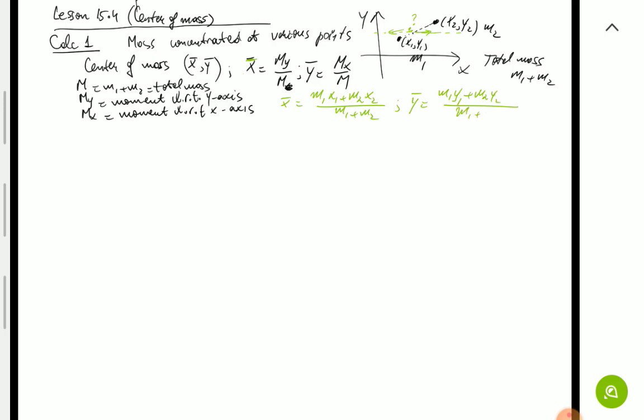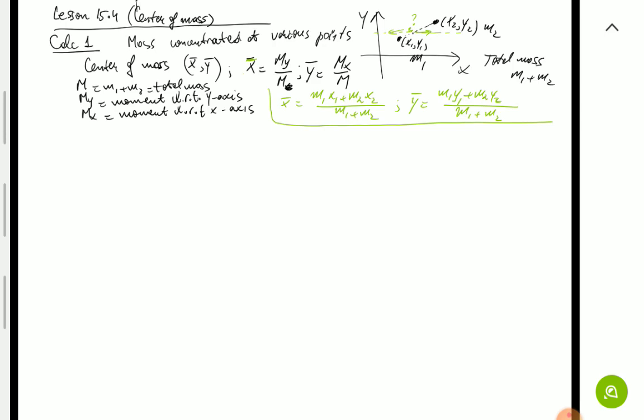So it involves the y coordinates to compute how far it should be with respect to the x-axis. This is a discrete case, which of course is not that realistic, because in practice the mass is not localized at finitely many points.